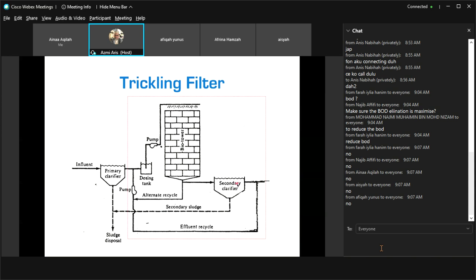Okay, to make sure that all the wastewater gets recycled several times into the media in order to ensure that the BOD removal is maximized. Okay, that is the purpose why we recycle wastewater in a trickling filter or biotower.